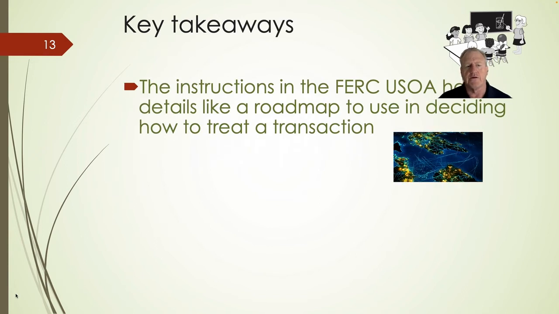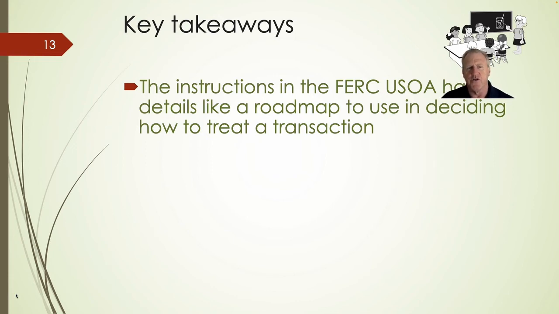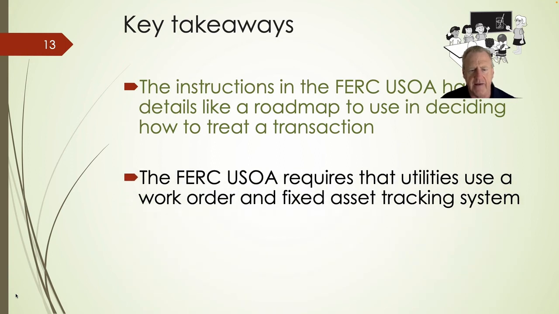The key takeaways from this segment are this. So the instructions in the FERC Chart of Accounts have details like a roadmap to use in deciding how to treat a transaction. As you go through it, you'll see there's a lot of detail, and we're going to expand on that in the coming sections and get it down into the weeds a little bit more, so that you can focus on that.